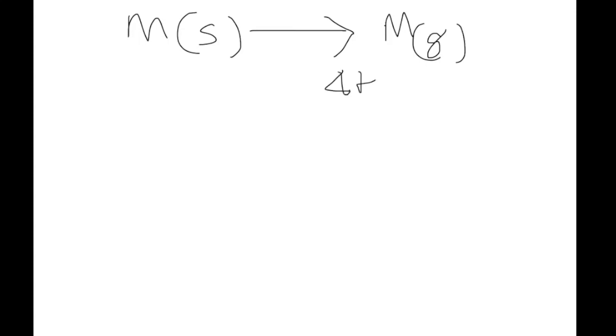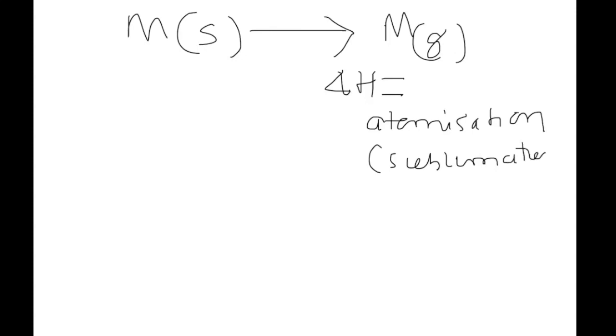The amount of energy required is called heat of atomization or del H atomization, also called heat of sublimation. The heat of atomization is always positive value. As it is positive value, it should be low. Then the del H total will be more negative value.